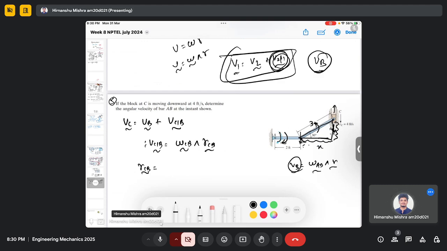Once we get these, we can write RCB as xi plus yj, and this will be our displacement vector.